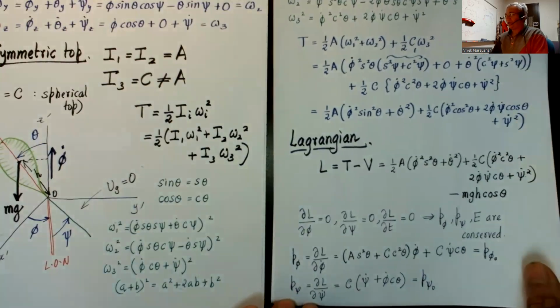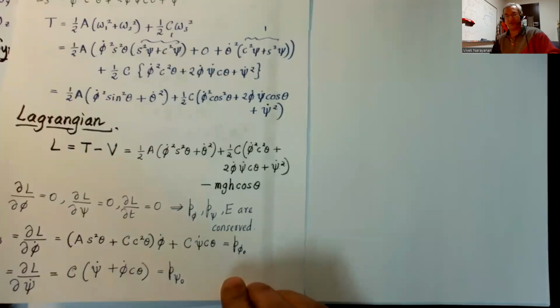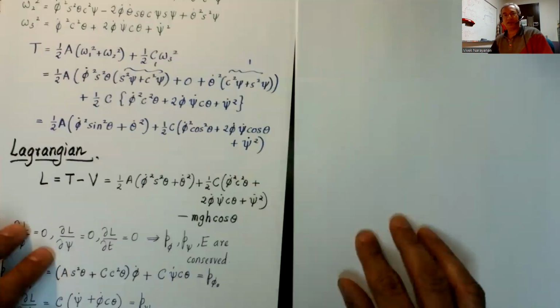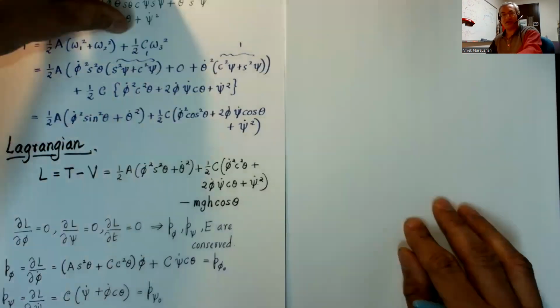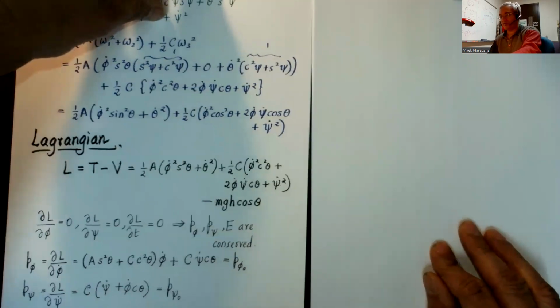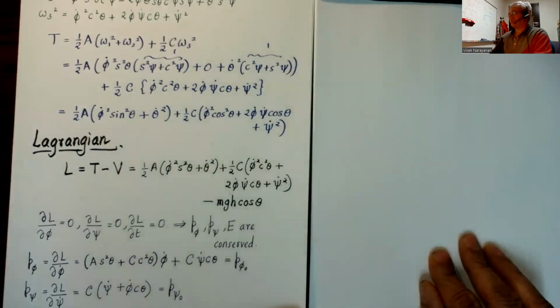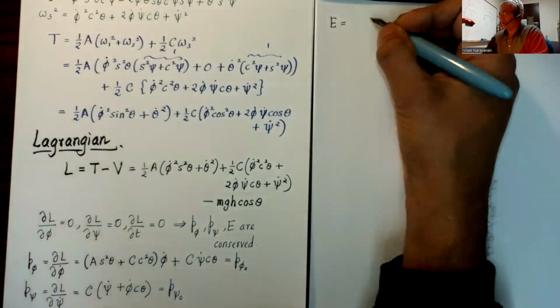The energy, which in this particular case is just the potential plus kinetic. In general, it's not that simple, but in this case, since the Lagrangian is quadratic in the velocities and does not have any dissipative terms like friction, the energy is just the sum of the potential and kinetic energy.